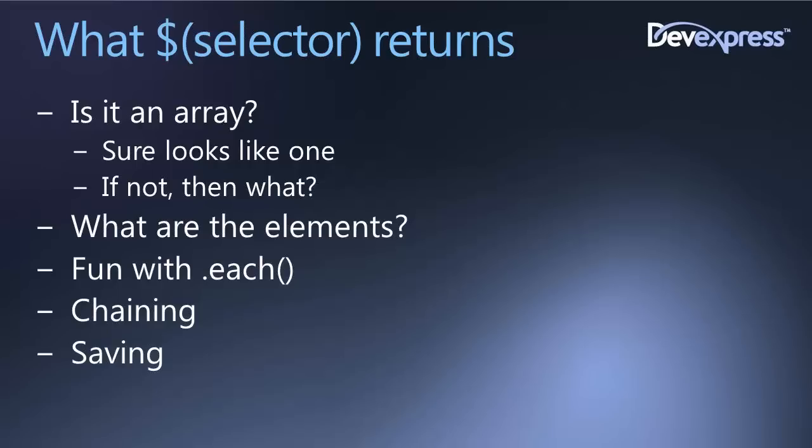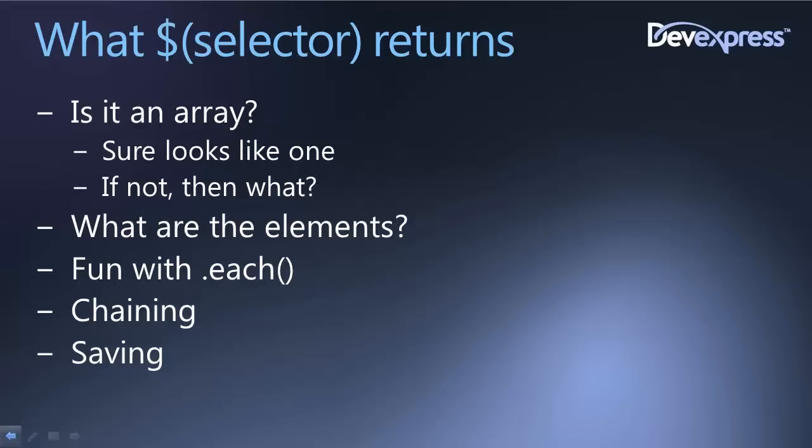So what do we get back? Is it an array? And we'll have a bit of fun here. What are the elements like? Having a look at .each. In other words, we want to operate on all of the elements of the thing we get back, and we'll talk about chaining and saving as well.